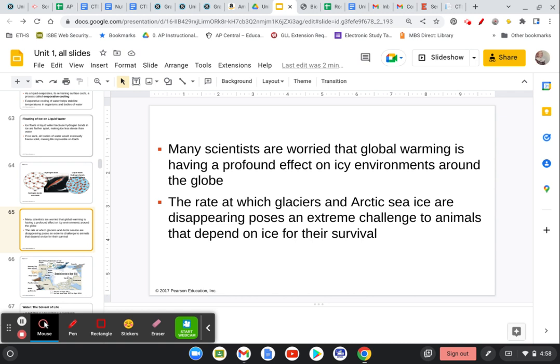It's just a point to bring up. It doesn't really have anything to do with ice floating as much as it does that some creatures depend on very cold environments. And if you raise the temperature even a couple degrees, it could mean that they have a harder time surviving. They have a harder time living in those warmer environments, and they may be subject to extinction.